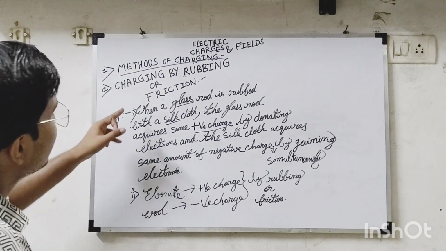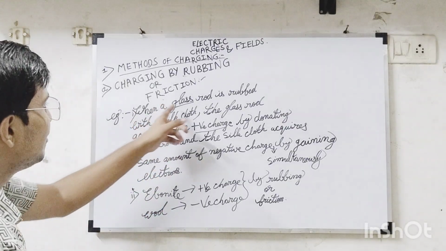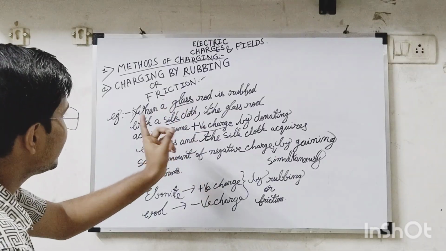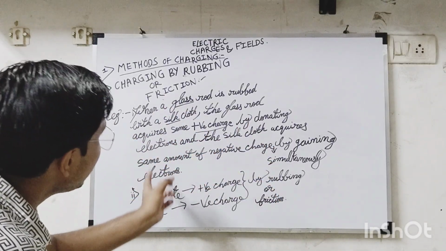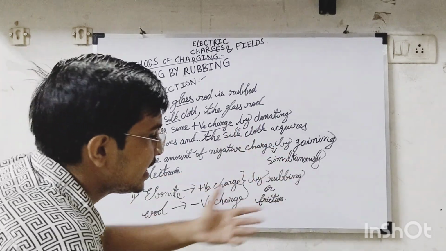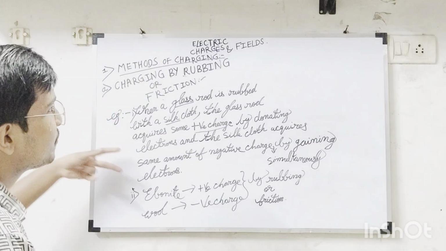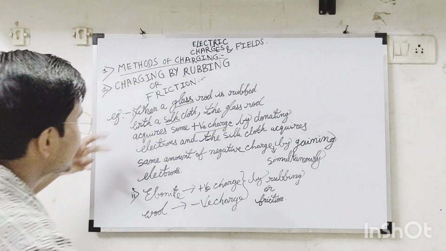And for the ebonite rod, you can write the same statement: when an ebonite rod is rubbed with a wool cloth, the ebonite rod acquires some positive charge by donating electrons, and the wool cloth acquires the same amount of negative charge simultaneously by gaining electrons. These two are great examples of charging by rubbing or friction. We need to understand it. Okay. Now the second point comes.